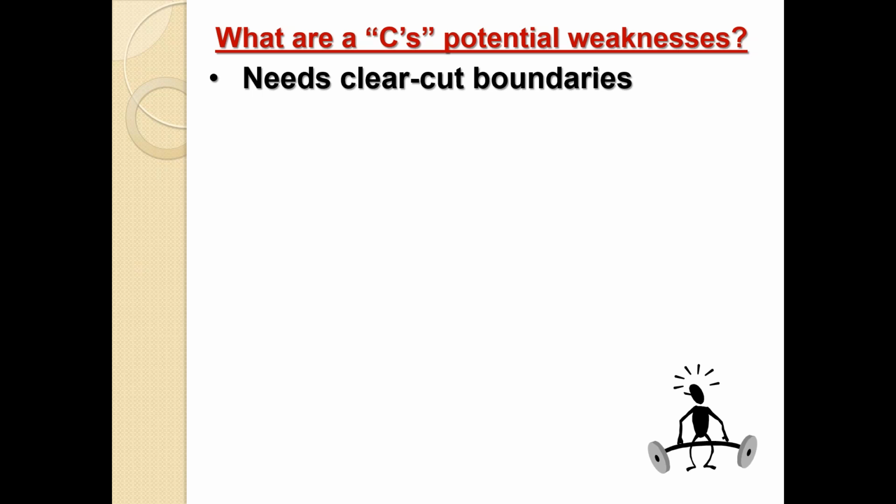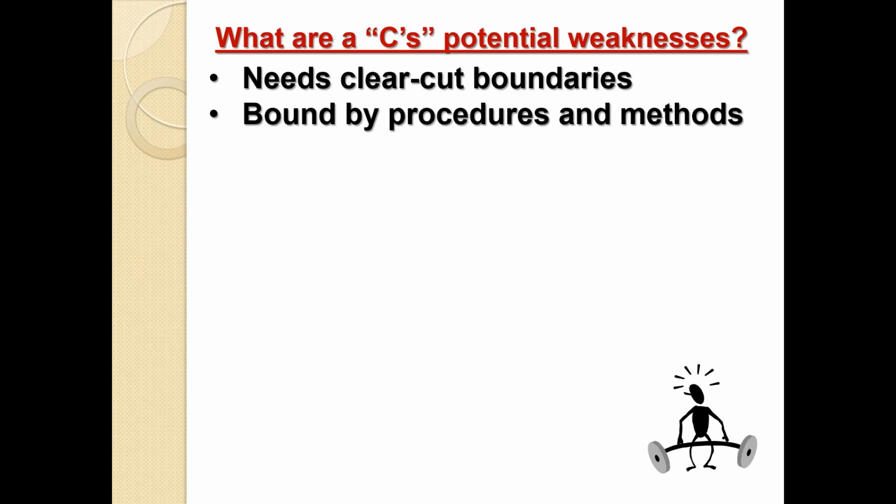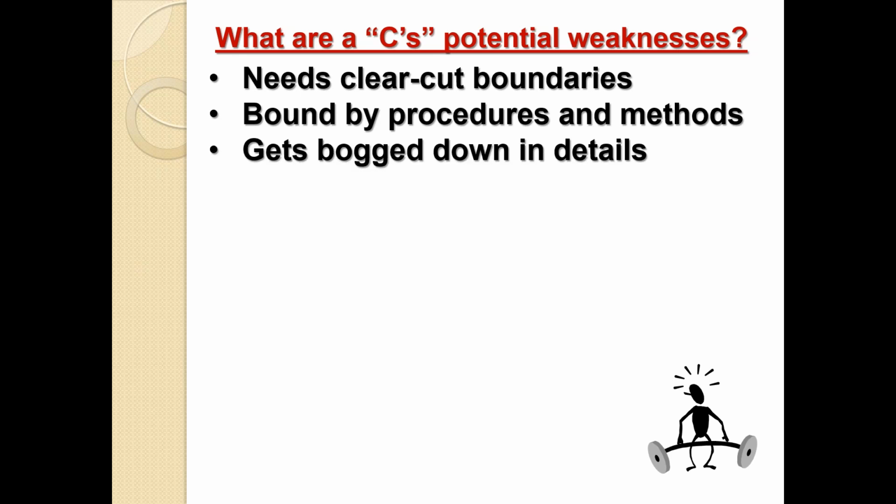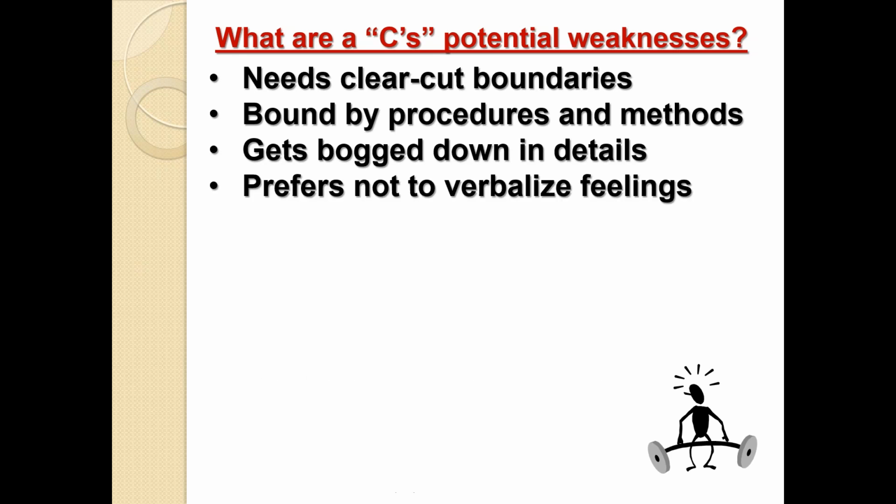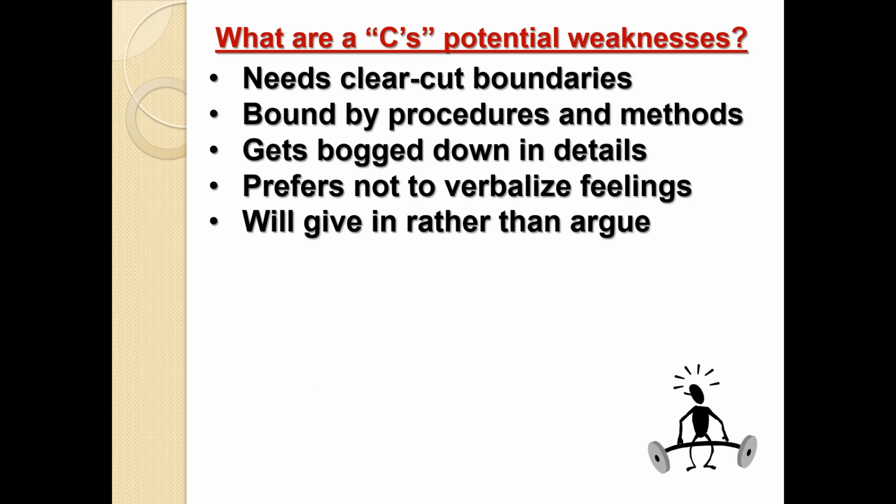They really need to know what their job description is. They don't like to color outside the lines. They're bound by procedures and methods. It's very hard for a C personality style to bend the rule. They get bogged down in details easily. They prefer not to verbalize feelings, because they're logical thinkers, so they tend to be a little bit shut down emotionally.